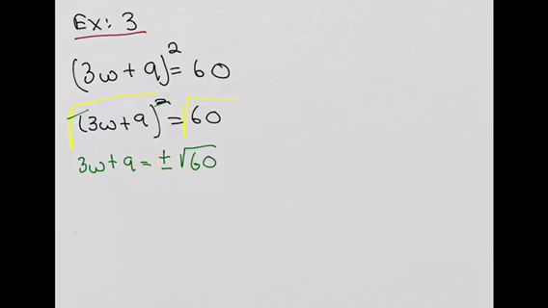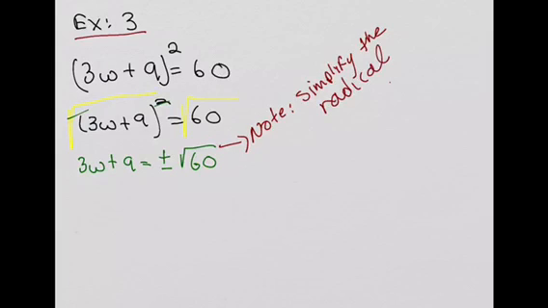Let's first simplify the radical. Here, we're going to put a note: simplify the radical now. We need to simplify because 60 is not a perfect square. So I'm going to take this on the side.